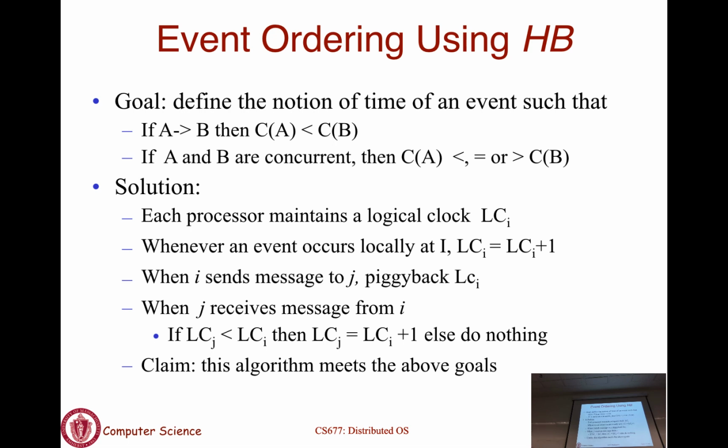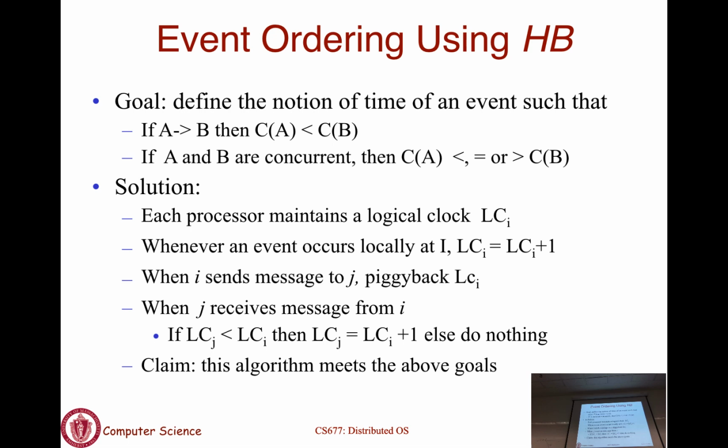Your process A sends to B; that's the send and receive. In addition to the message, you are going to include the clock value of this event. So let's say the send was event number 4. You are going to actually send 4 with the message.